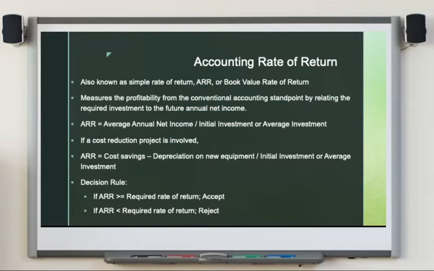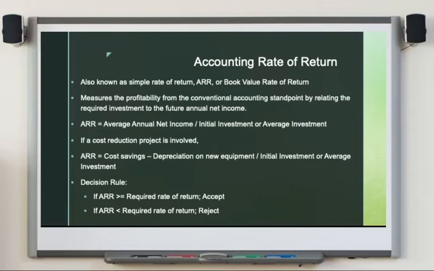So, as previously discussed during the discussion on the cash inflow or cash return, aside from the cash inflow, we can also consider cost saving as an inflow that should be considered in computing the annual cash return. Also kindly note that the denominator could either be initial investment or average investment.